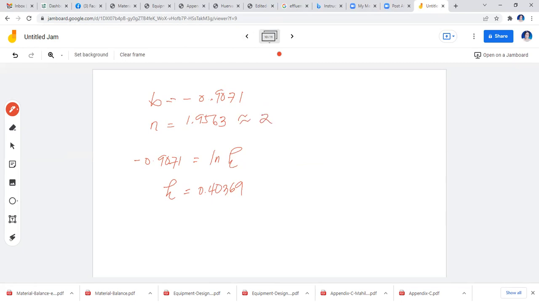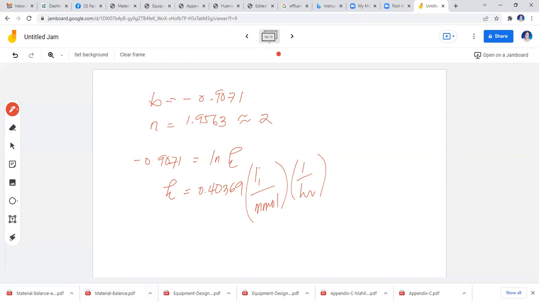If I round it off to 2 so that you will have an easy way of writing the units of k, then your k will have units liter per millimole per hour because our n is 2. If it's millimole per liter squared, if you take out the 1 liter unit and the 1 millimole unit, then it will have liter per millimole per hour as the units.